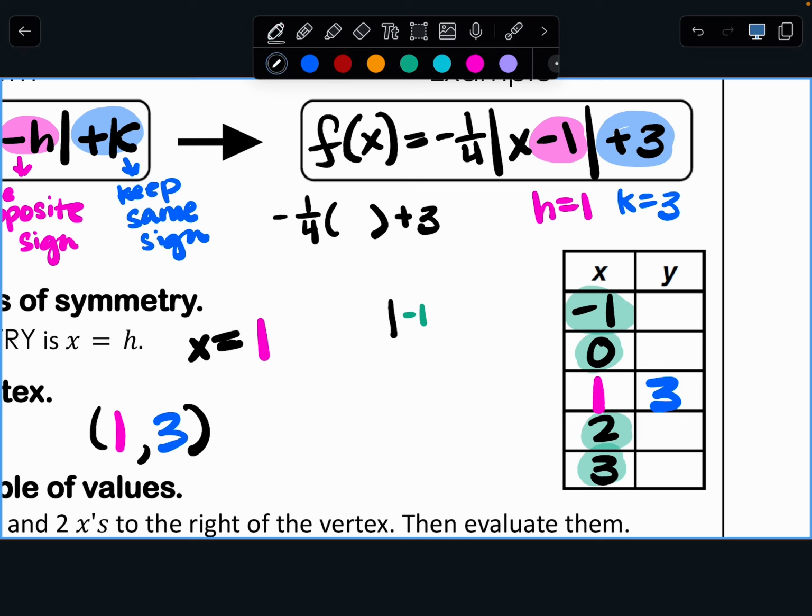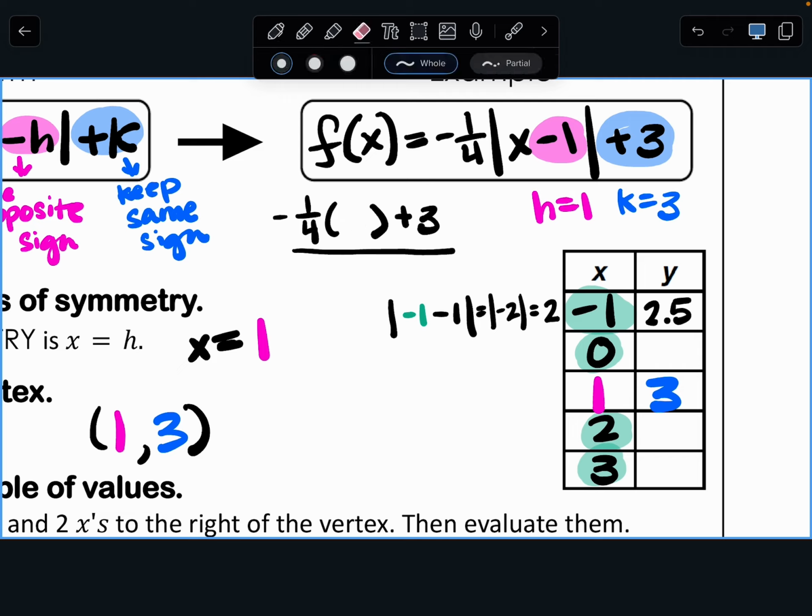It's the absolute value of x minus 1. So in this case, negative 1 minus 1 is negative 2, and the absolute value of negative 2 is positive 2. That's what I'll put here. I can plug this into the calculator to get my y value. So that would give me 2.5.